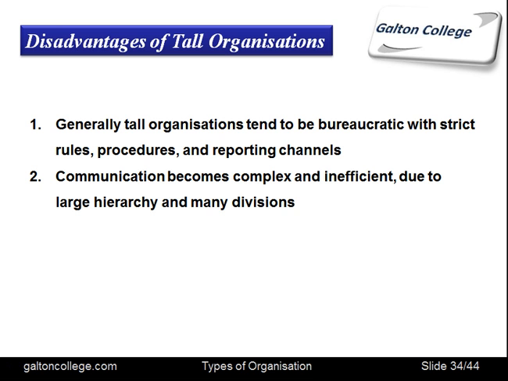For example, going from one production department to accounts, perhaps dealing with some issue on pay. So the communication channels can be very, very complex, and there is scope there for confusion and inefficiency.